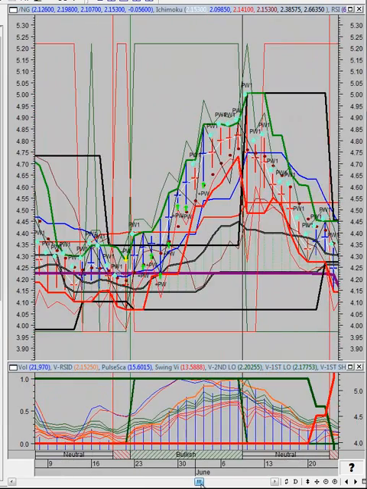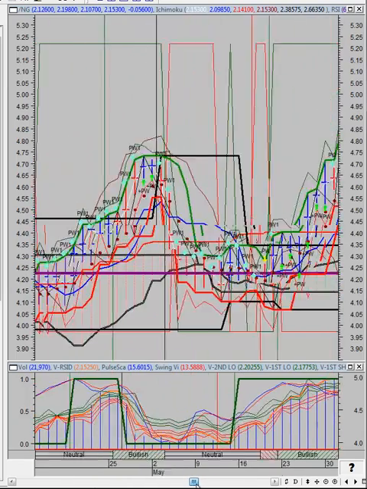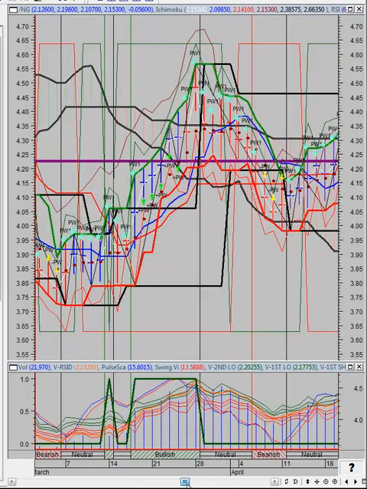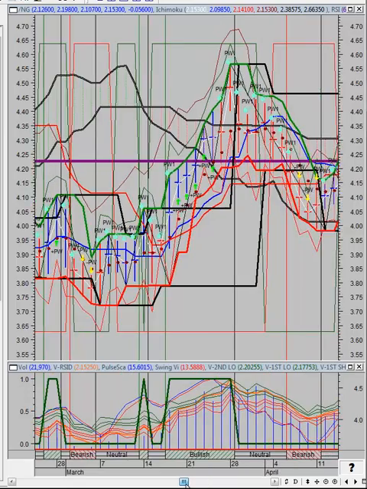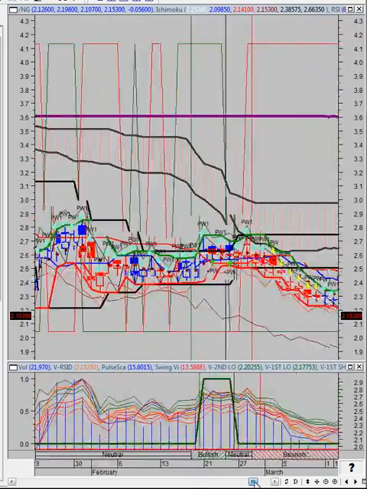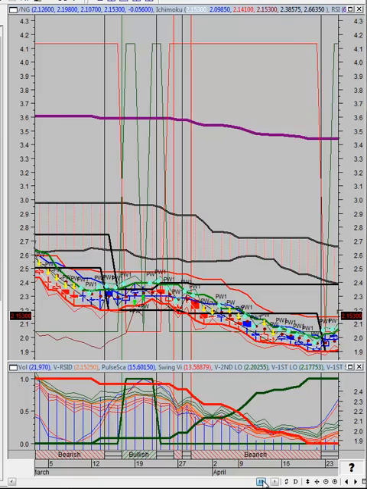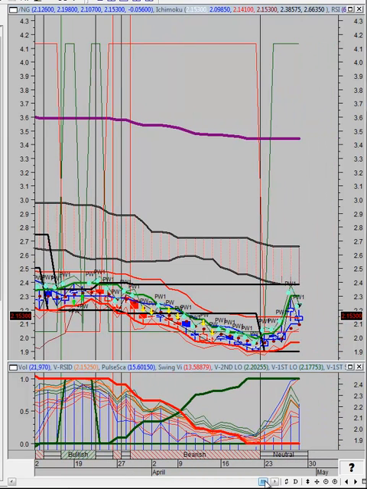Okay, something to consider and think about going forward in the natural gas. Everyone's been trying to call tops and bottoms in the natural gas. Okay, what I suggest is that you really take an honest look at what's happening here. You see, we go sideways, then we negative pulse wave for a bit, and then we get back into the consolidation zone.